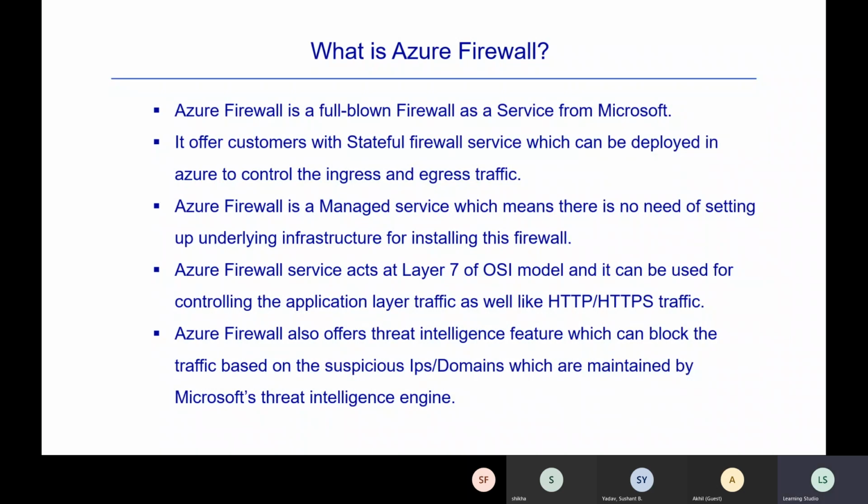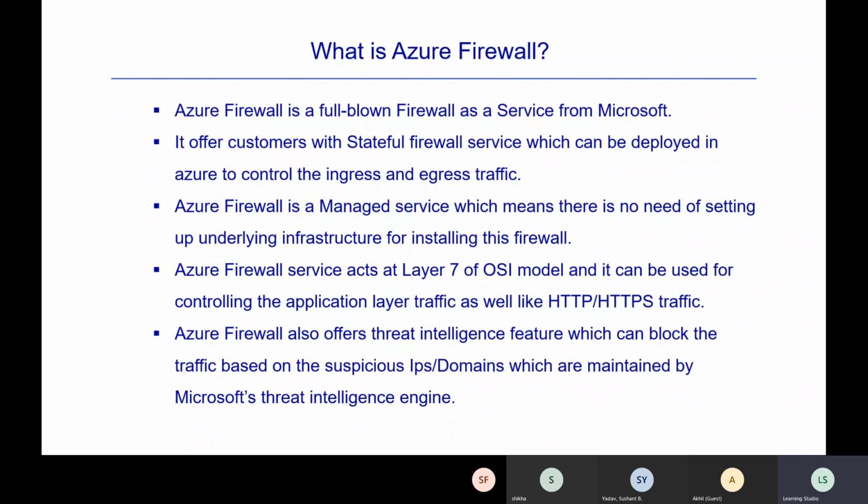The fourth very important point is that Azure Firewall service acts at layer 7. Let me correct something over here. Azure Firewall service can act at layer 4 as well as at layer 7 of the OSI model. Unlike Network Security Group, which operates at layer 4, Azure Firewall can act at layer 4 as well as at layer 7 of your OSI model, and it can be used for controlling application layer traffic as well, like HTTP and HTTPS traffic.